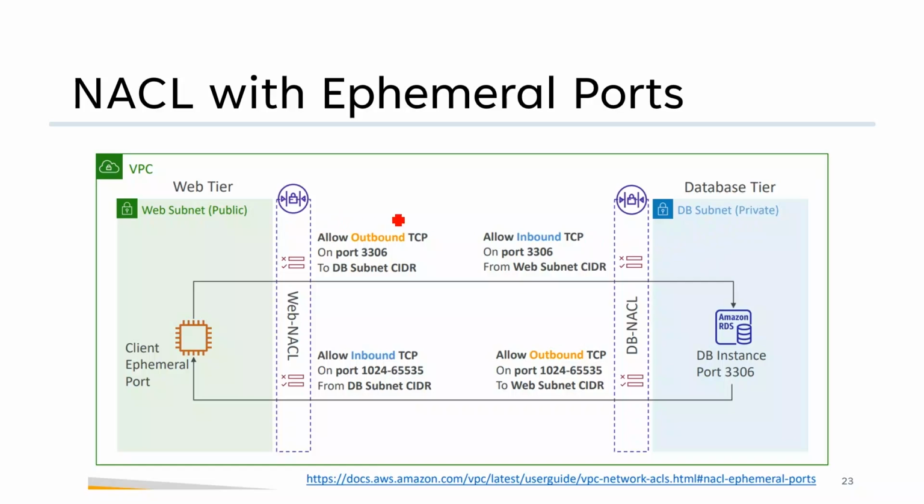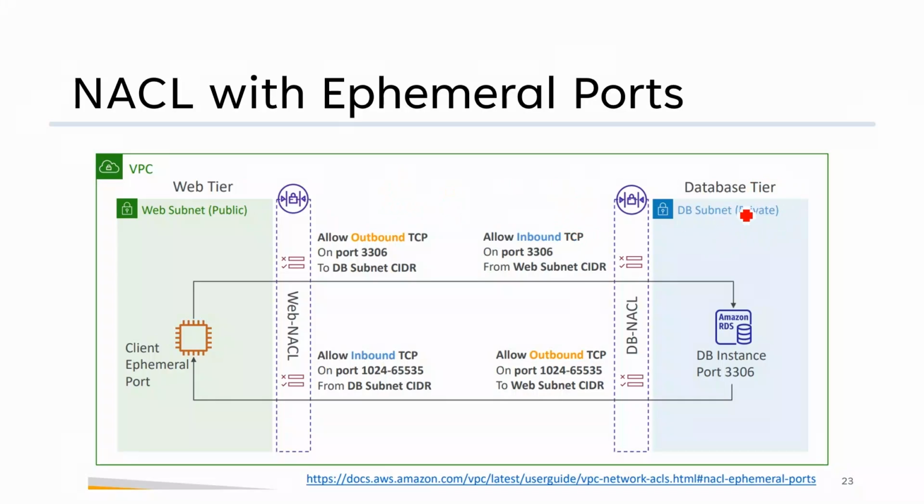If it doesn't have that outbound rule, then any outbound traffic for 3306, which is the MySQL port, will not go out of this public subnet. So you should have that outbound rule in the public subnet's NACL.